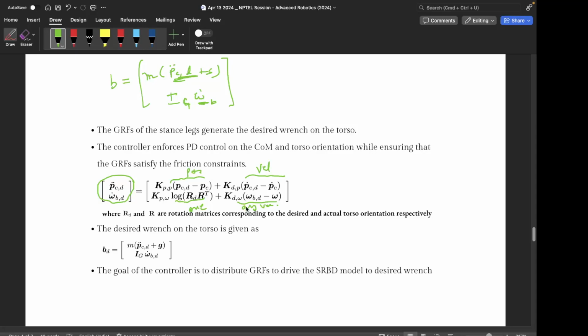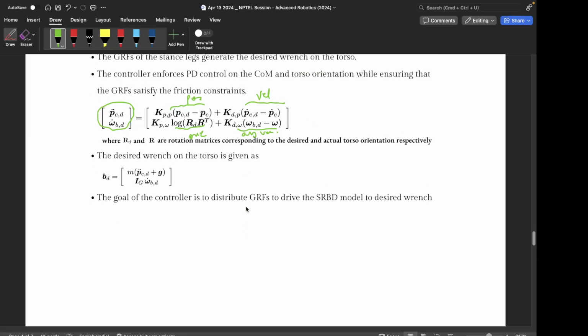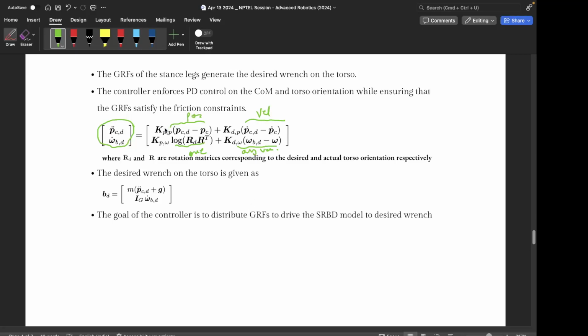By doing this, if we use such a PD control law, the desired accelerations would be such that the actual state of the robot goes towards the reference or the desired state of the robot.